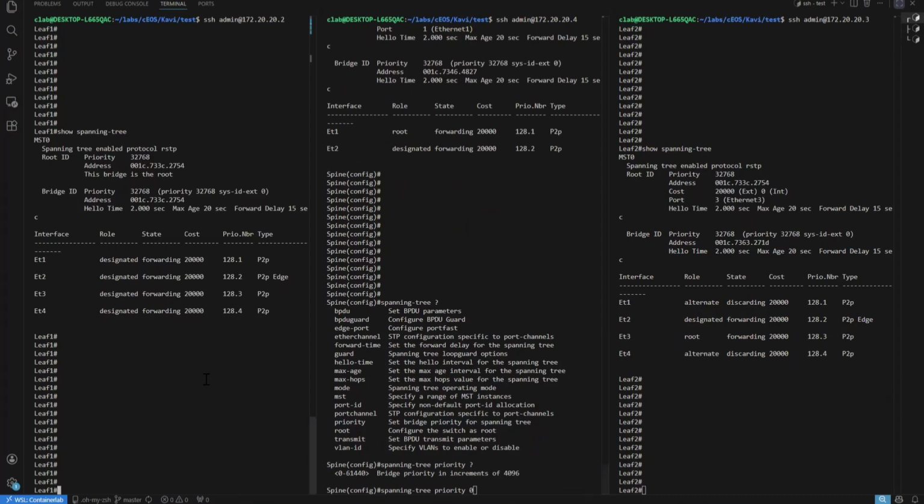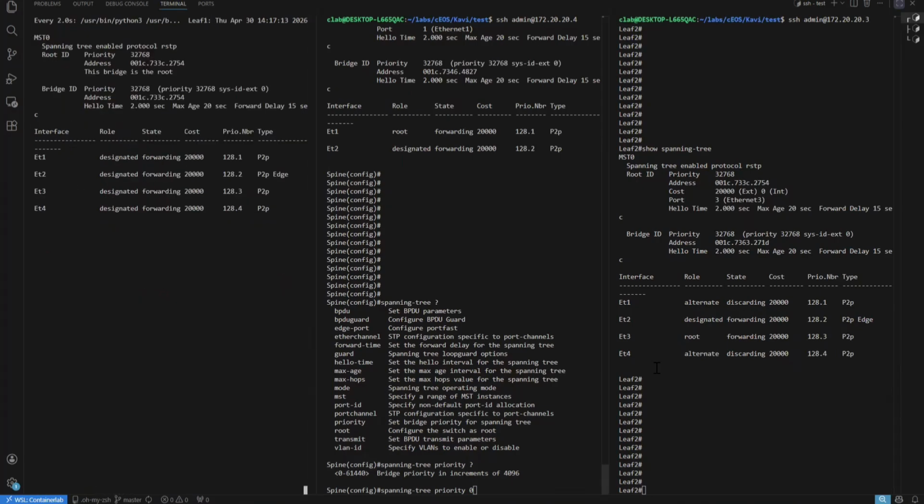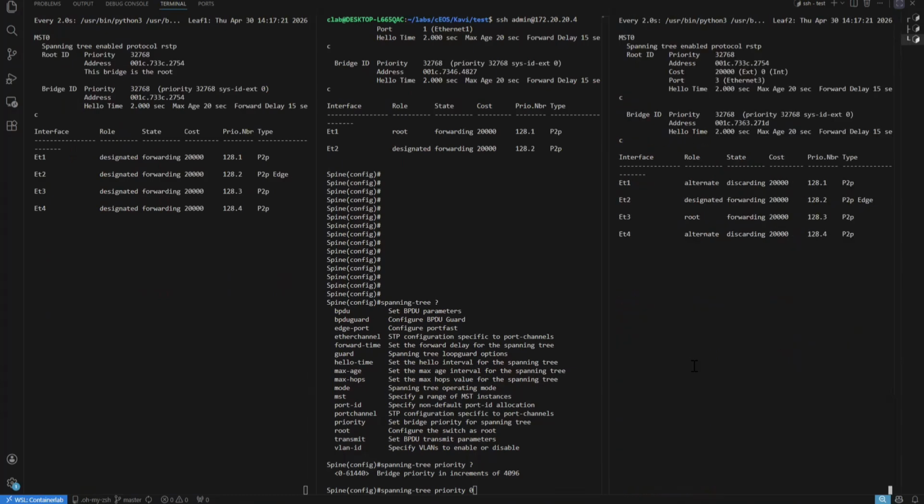Let me do the watch command on both leaves. Now I'm going to configure the lowest priority on the spine.